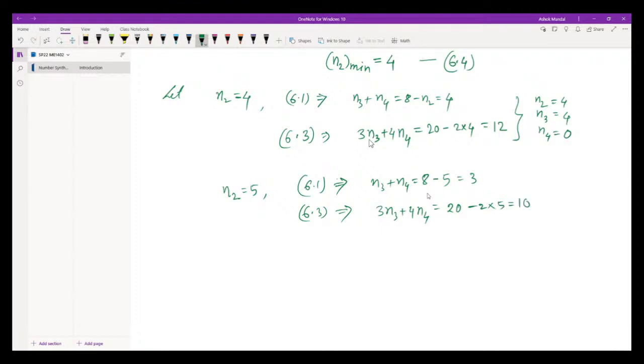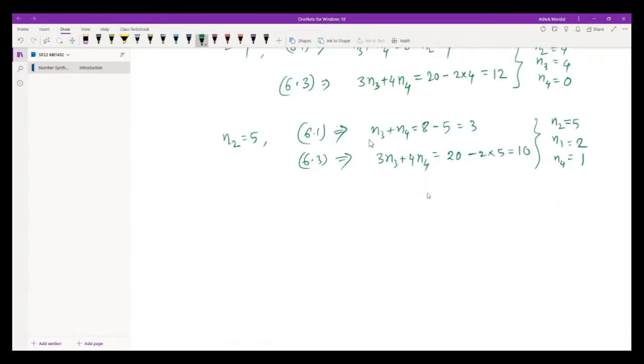Can you solve this too and tell me the values of n3 and n4? n3 equals 2 and n4 equals 1.